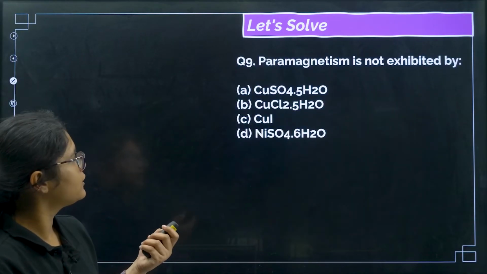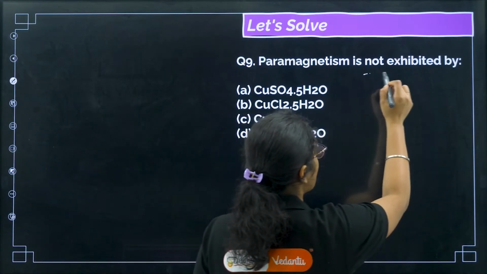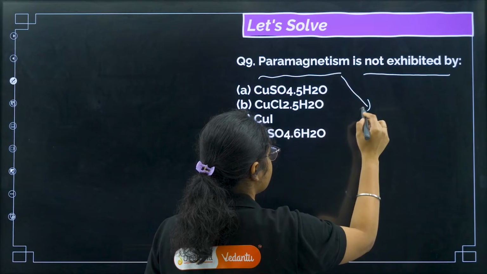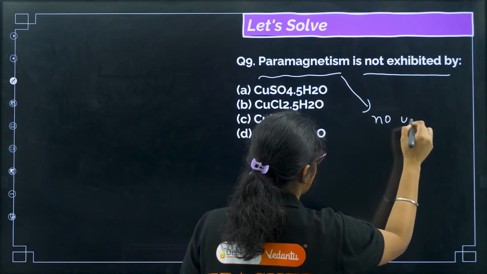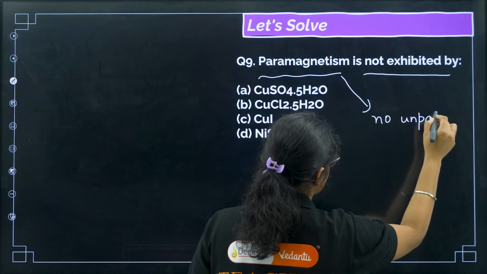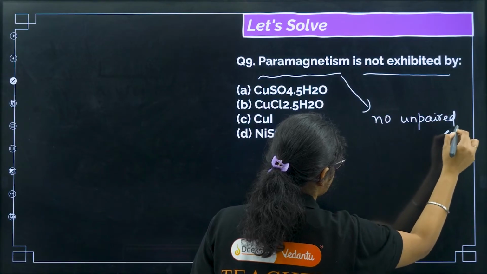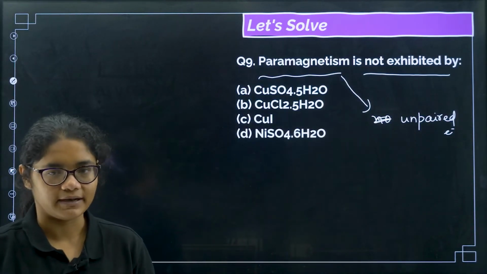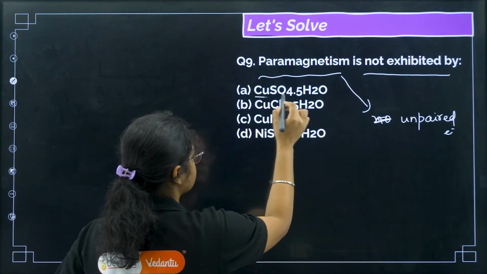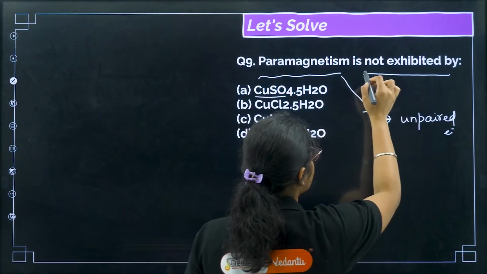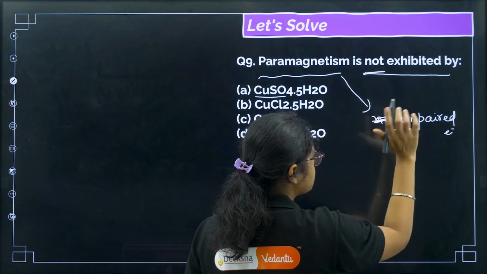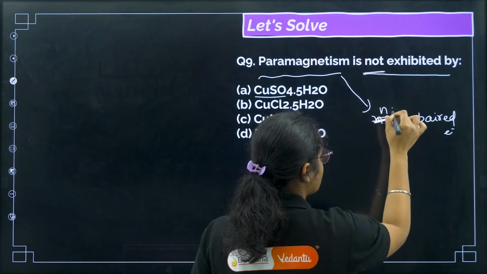Now coming to the next one: paramagnetism is not exhibited by. Paramagnetism is shown by those species which have unpaired electrons. The question is asking not exhibited by, which means no unpaired electron.